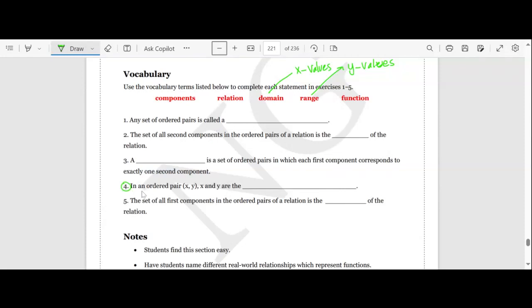Let's go for 4. In an ordered pair, X and Y are components, okay? The set of all first components in ordered pairs of a relation is the first set. It's called what? Domain.